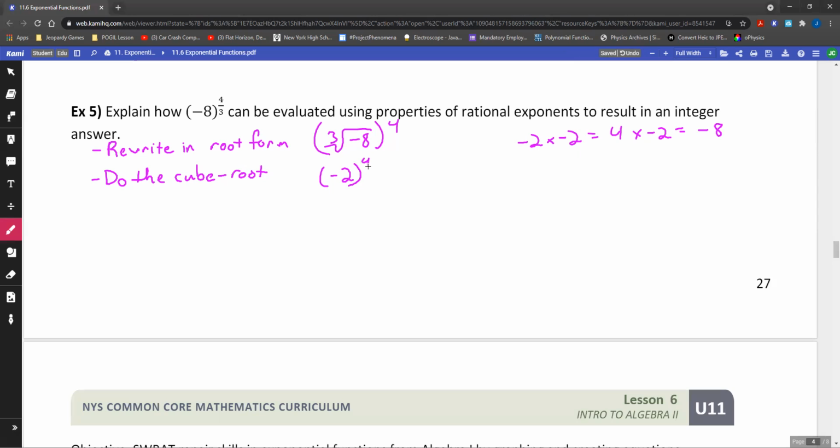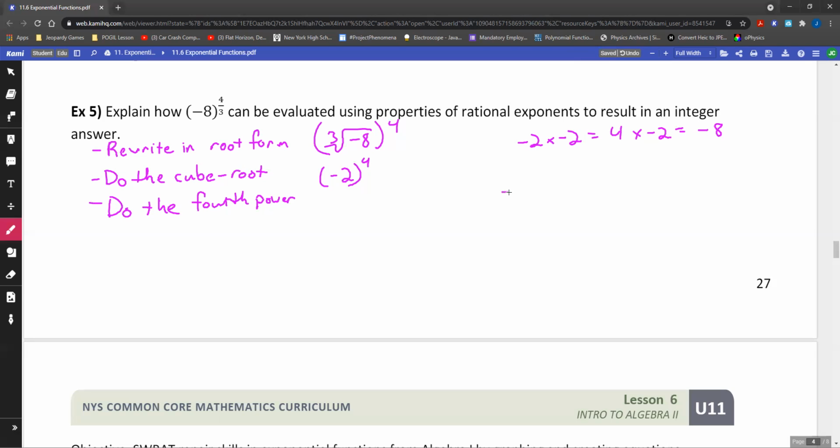I still have the 4 on the outside, and then do the 4th power. So what I can now do is just do this to the 4th power. Again, I can look back to here.